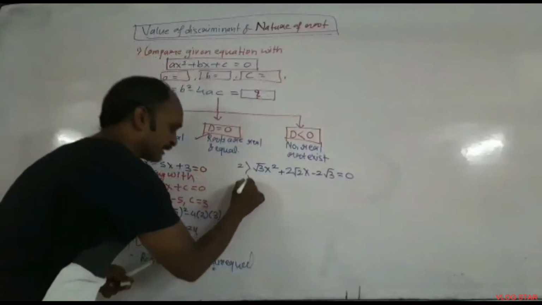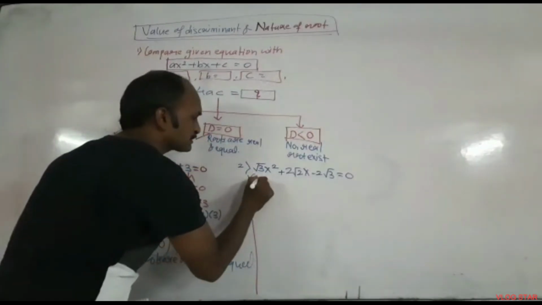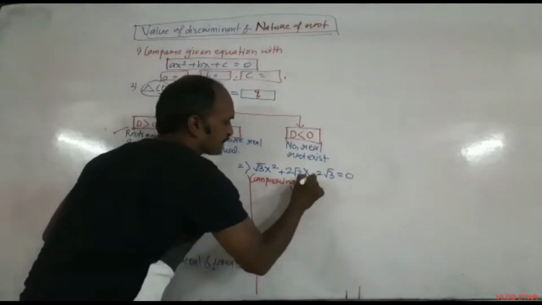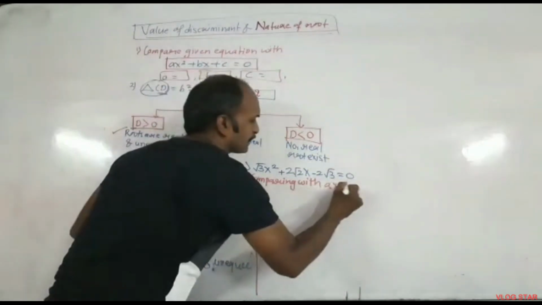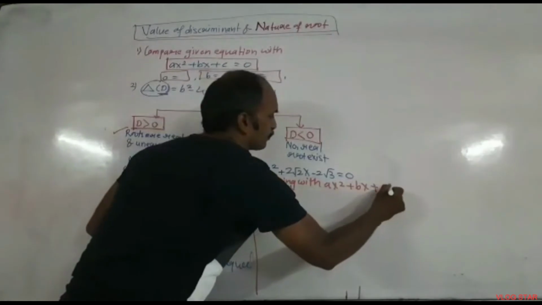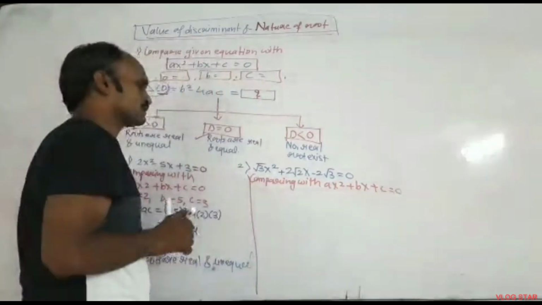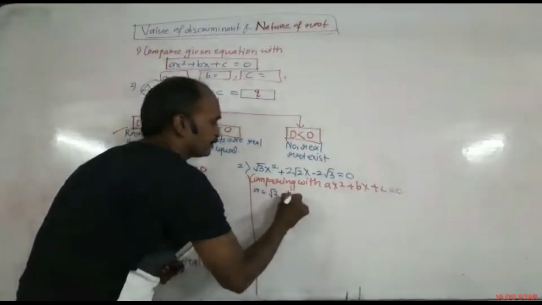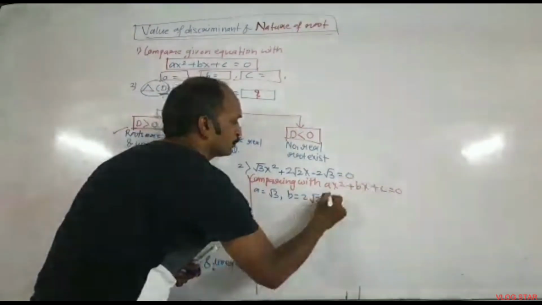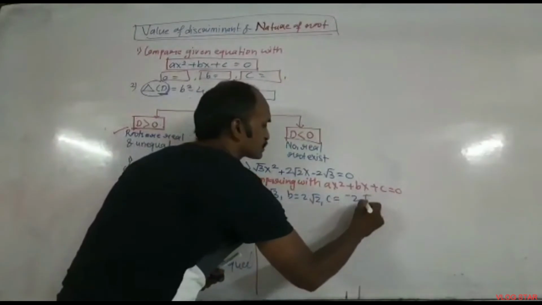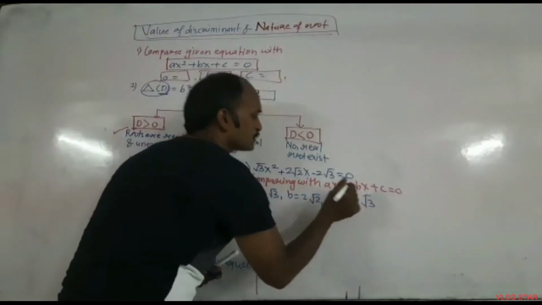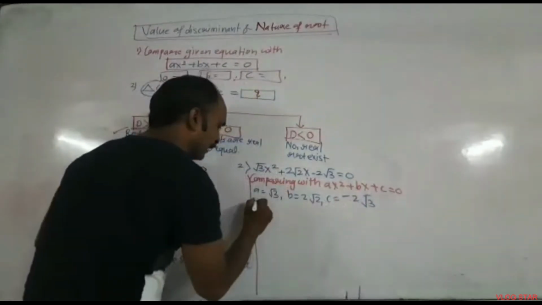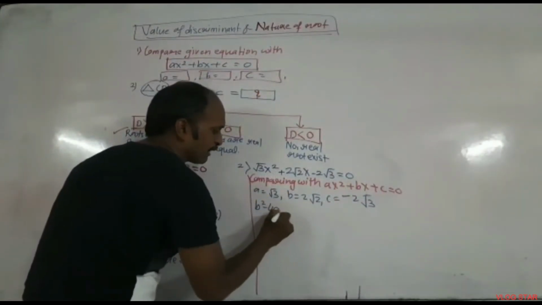Next one, comparing the given equation with the standard form, ax square plus bx plus c is equal to 0, we will get a is equal to root 3, b is equal to 2 root 2, c is equal to minus 2 root 3. So we have got the values of a, b and c. Now find out b square minus 4ac.